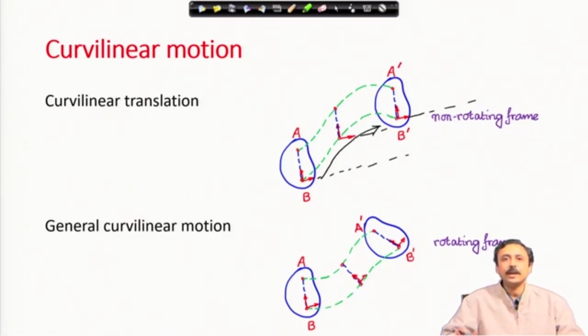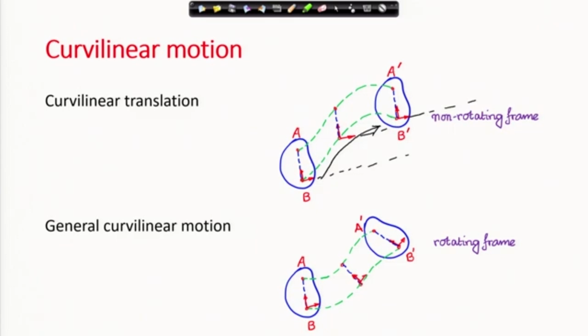It is changing its direction; the unit vectors which define the frame are changing directions. So, it is a rotating frame. We therefore have curvilinear translation and general curvilinear motion. In curvilinear translation, the frame is non-rotating, whereas in general curvilinear motion, the frame can rotate. The path of the point can be arbitrary.